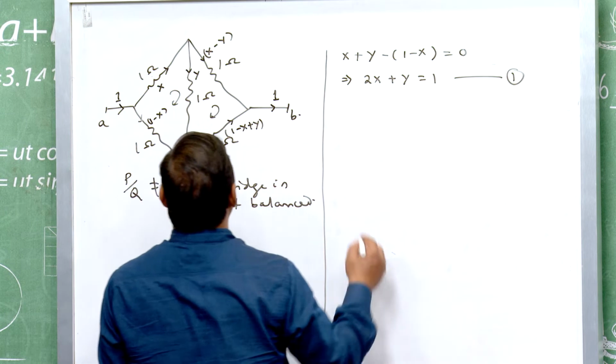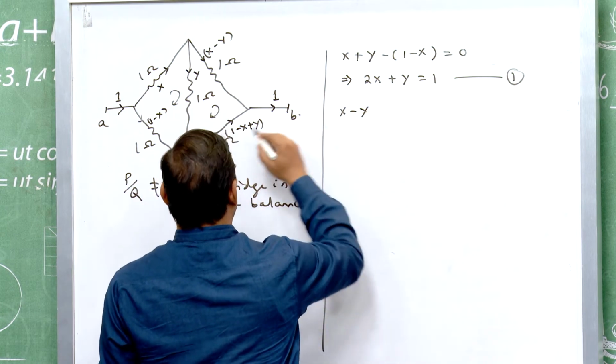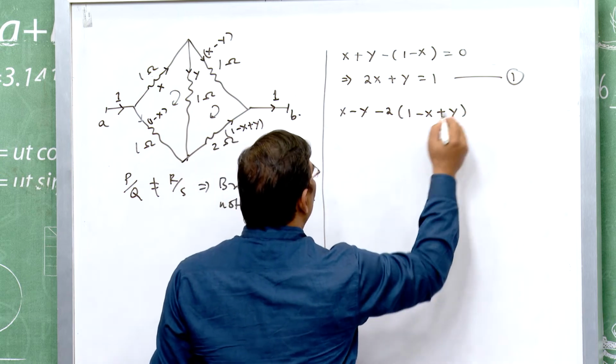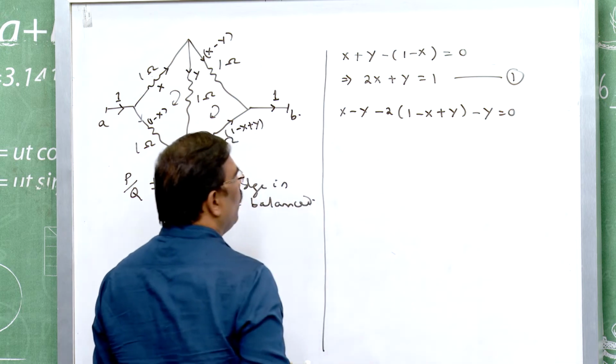Similarly, in the second mesh, I get (x minus y) into 1 minus 2 into (1 minus x plus y) minus y equals 0.